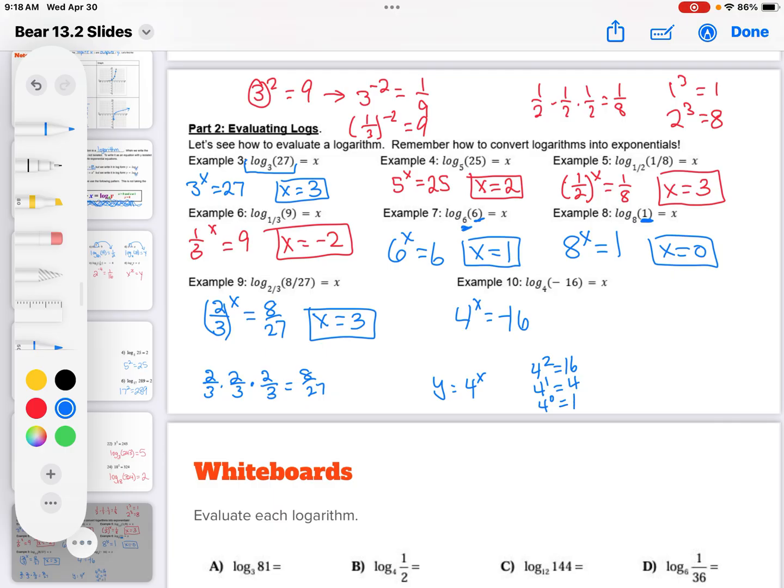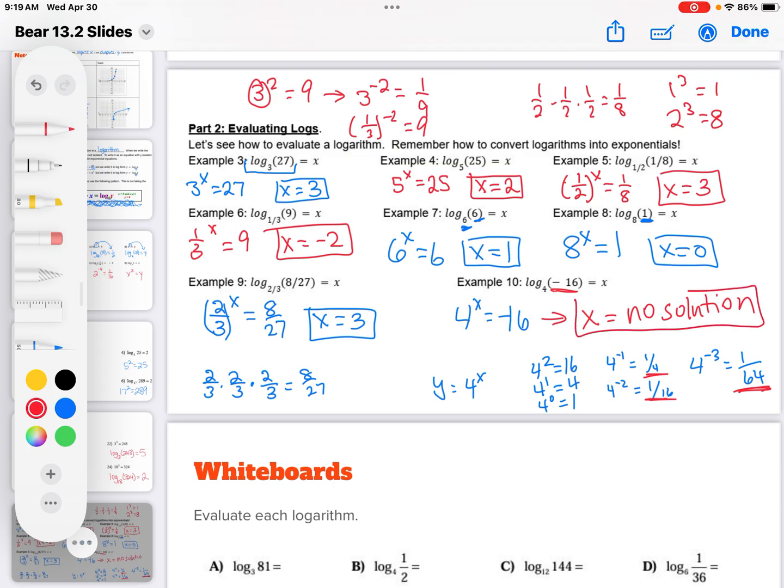Then if I continue that trend, 4 to the negative 1 would be 1/4. 4 to the negative 2 would be 1 over 4 squared, which is 1/16. 4 to the negative 3 would be 1 over 4 cubed, which is 1/64. If you notice here, even with negative exponents, our values are not going below 0. So it turns out we're never going to be able to get a negative value, so in a problem like this, there is no solution.